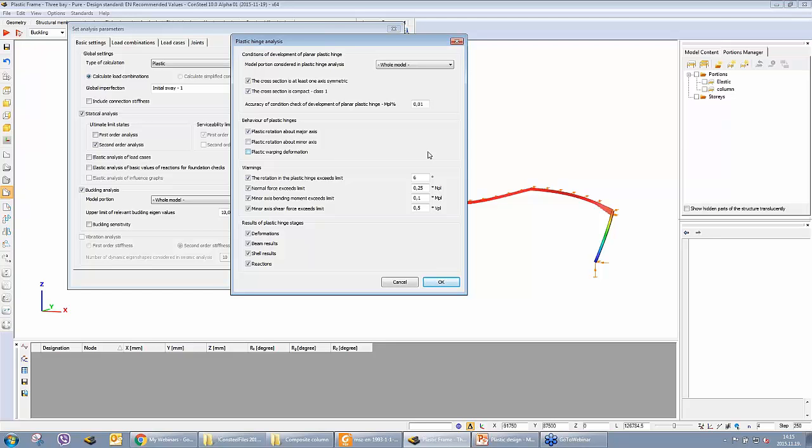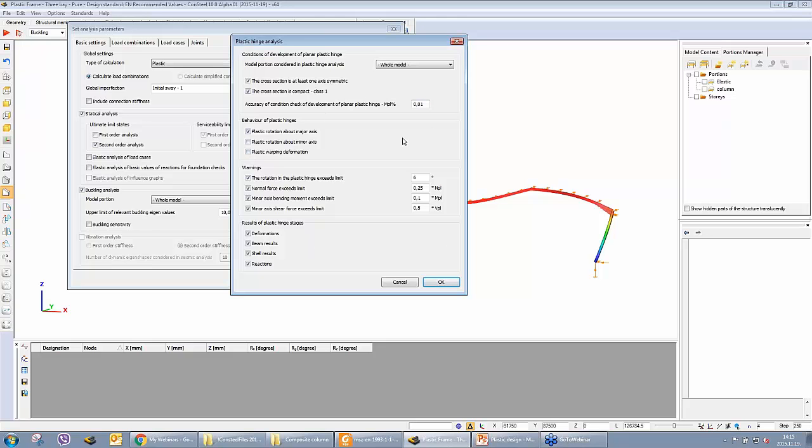Then we can guess that for out-of-plane buckling, the rotation about the minor axis or the warping deformation is also plastic. So we can set these additional conditions here.